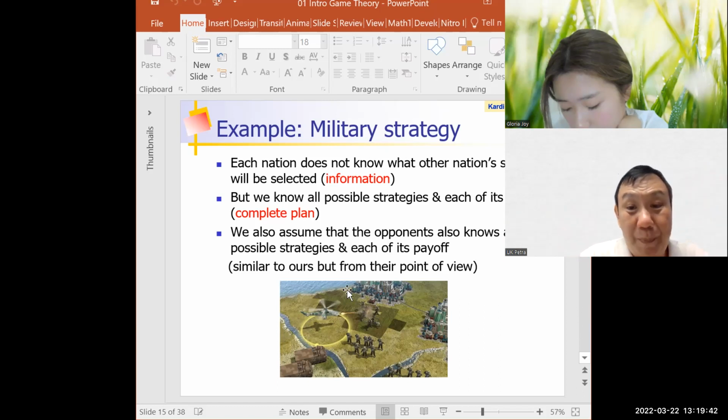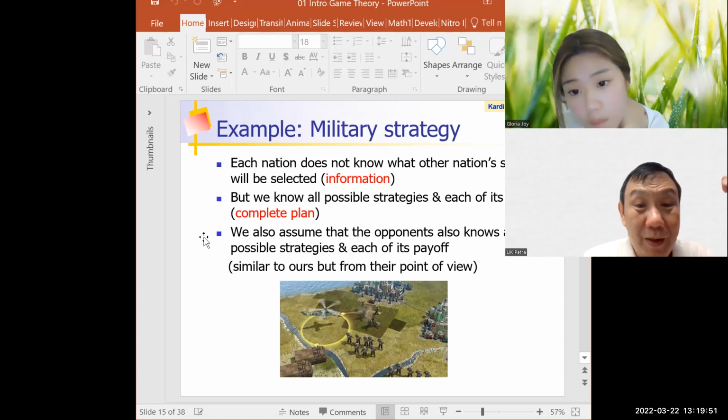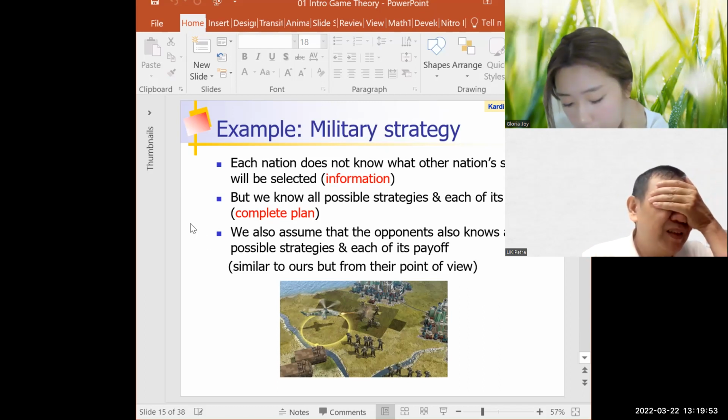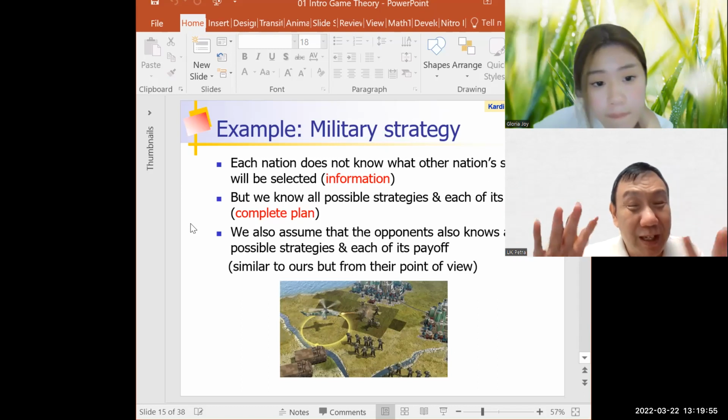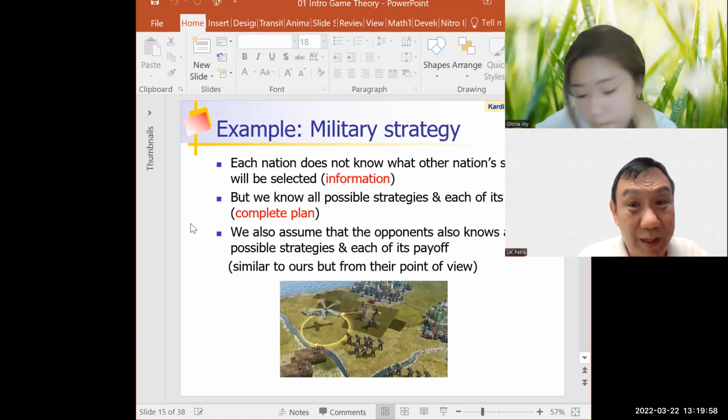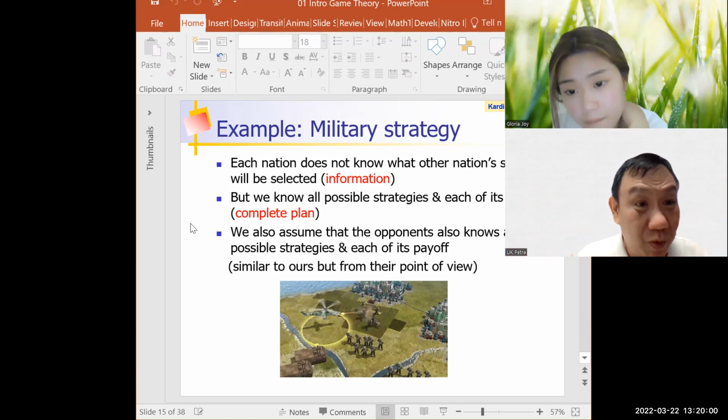So this is the basic assumption of game theory: perfect information at this point, and complete plan. So in this course, I will just talk about this, meaning games with perfect information.